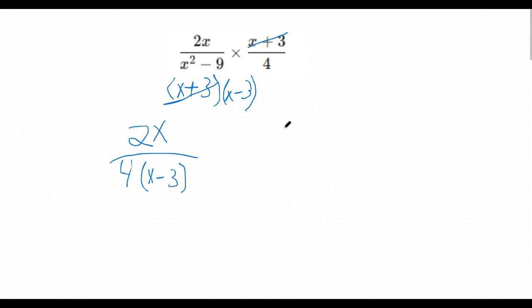Let's see if we can take that any further. 2x over 4x minus 12. Yeah, that looks good. Let's try another one.